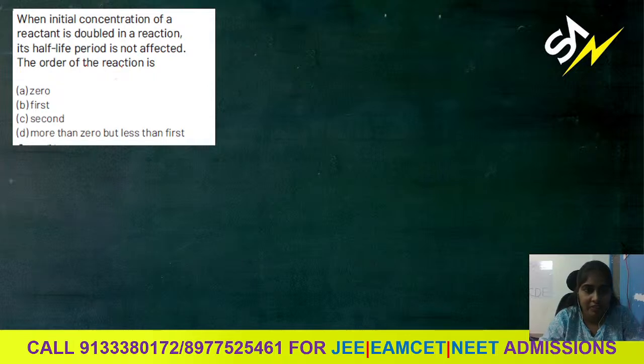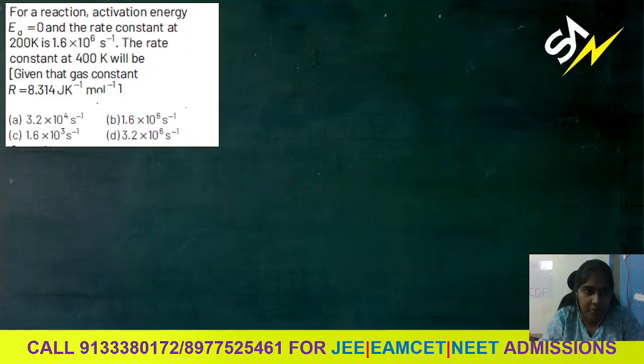It means the half-life period is not changed. So what will be the order of the reaction? If you understand the concept, the order of the reaction will be of first order, because it is independent of concentration. The first order reaction is independent of concentration. So the order of the reaction is not affected.